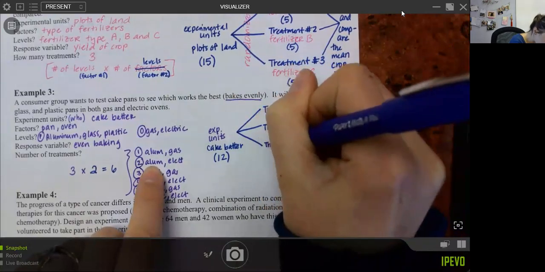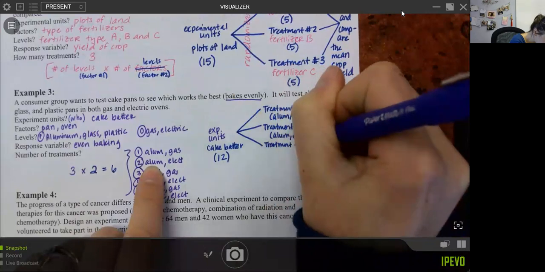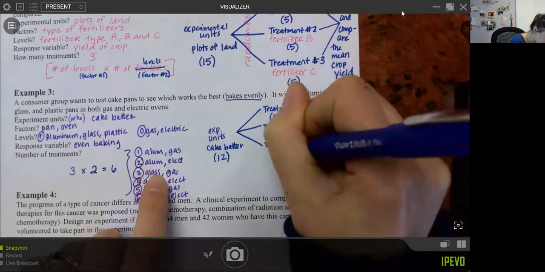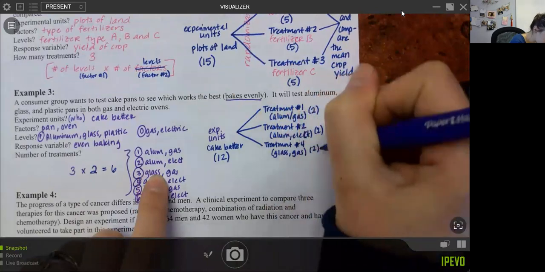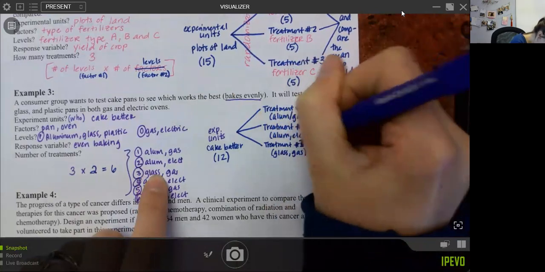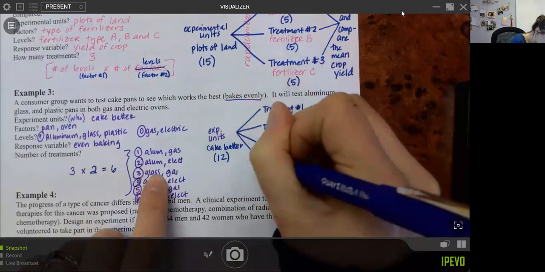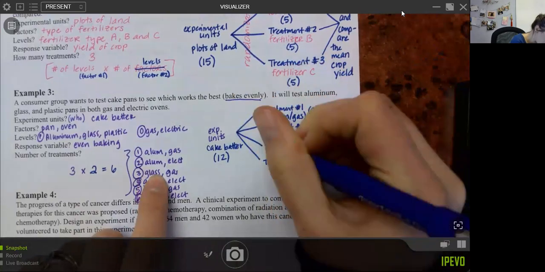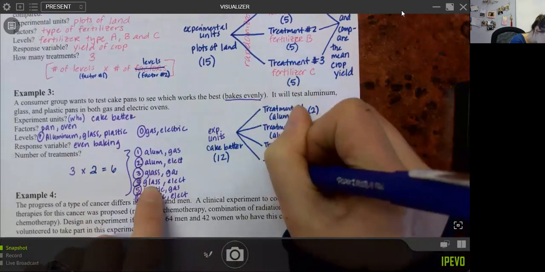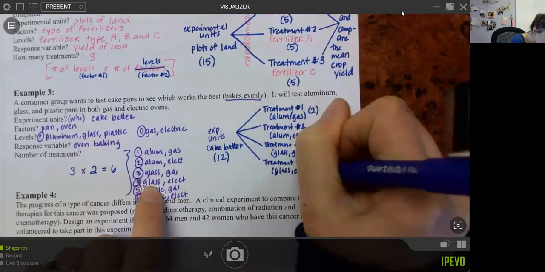Treatment number 3, glass and gas. Treatment number 4, we're going to have our glass and electric.